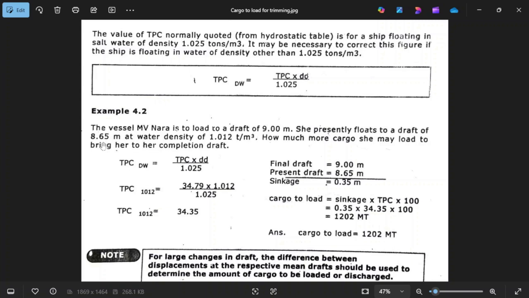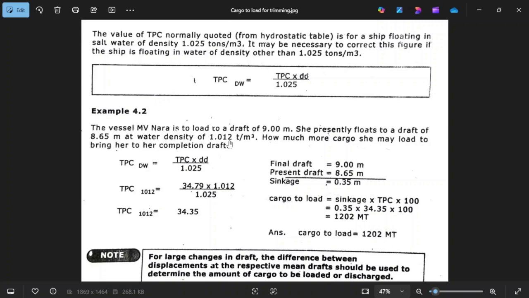So meaning you have already temporarily stopped your loading, because you're going to compute how much you're going to load for your remaining cargo to reach your draft of 9 meters. You have already asked the foreman to stop loading, and you as chief officer and the draft surveyor take a draft reading around the vessel and compute how much remaining cargo to load to reach the draft of 9 meters. And the water density during your reading of your draft at the loading berth is 1.012.